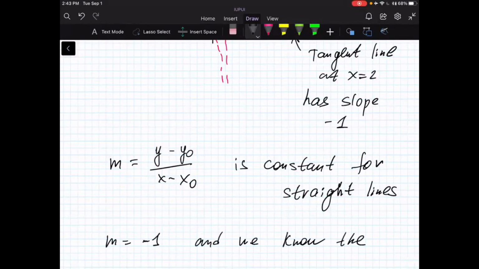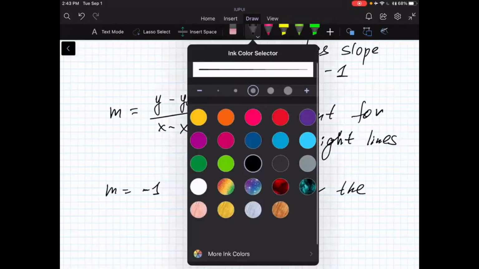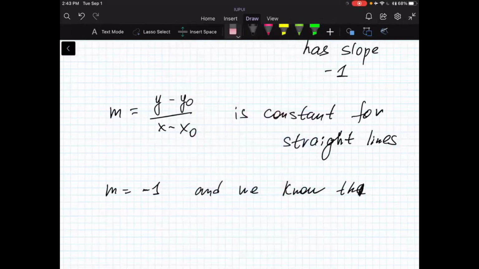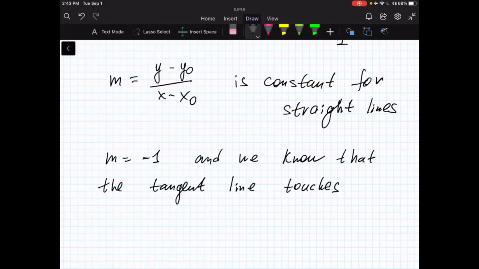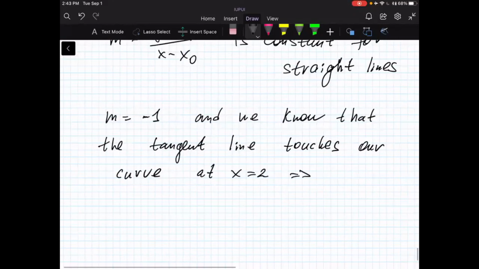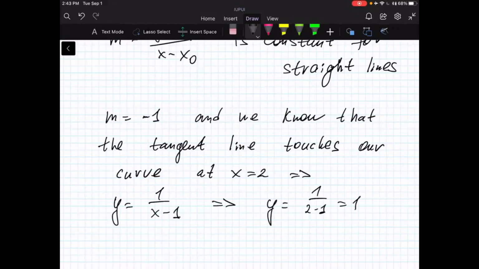And we know that our tangent line touches our curve at point x equals 2. That means, at x equals 2, our function, 1 over x minus 1, has value 1 over 2 minus 1, which is 1.